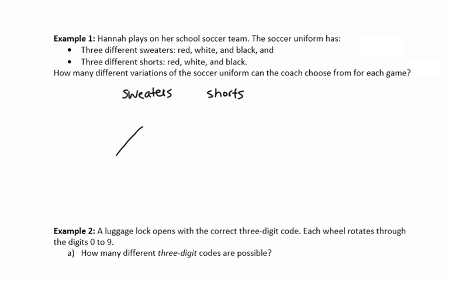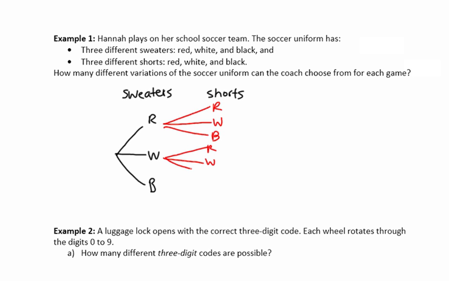So the colors are red, white, black. And after we choose our sweater, how many shorts do we have to choose from? 3. We could have a red short, a white short, or a black short. Red, white, black, red, white, black.